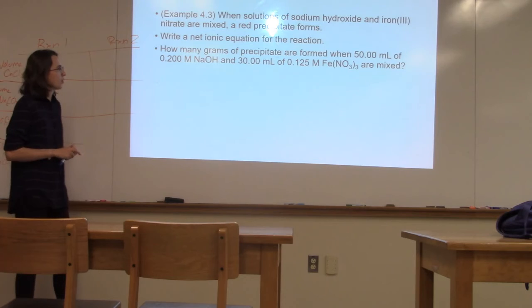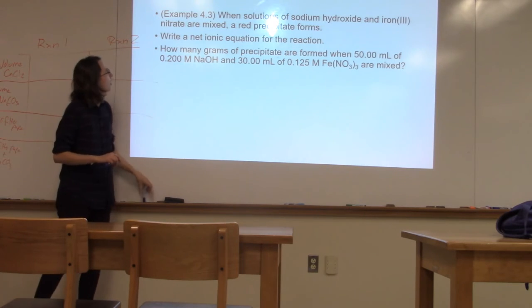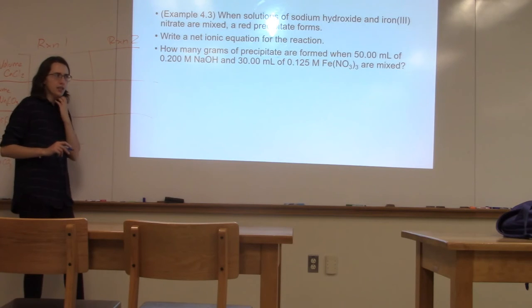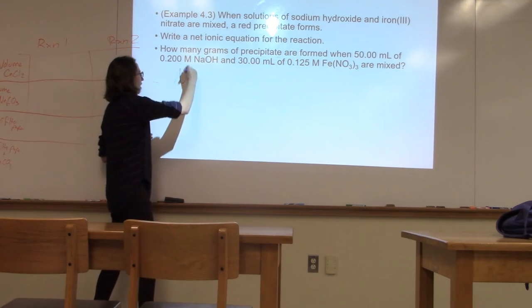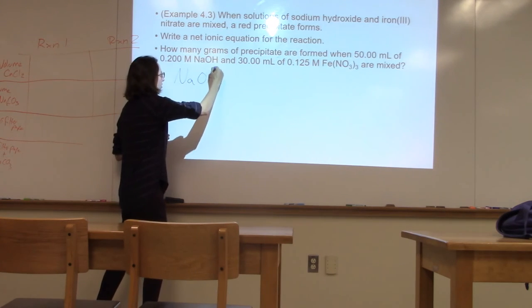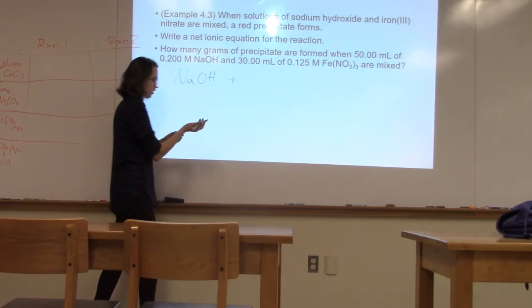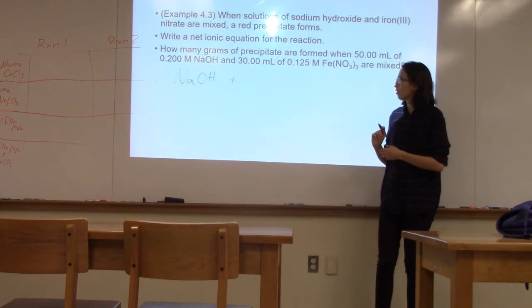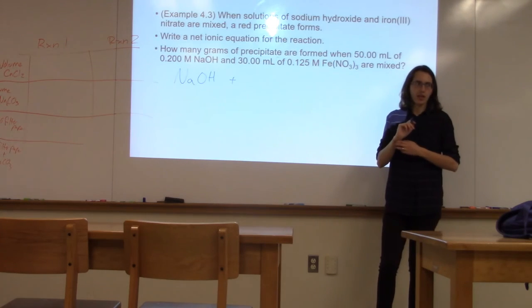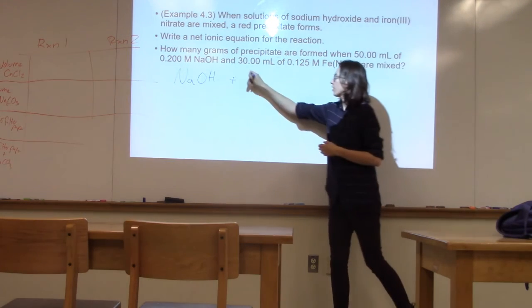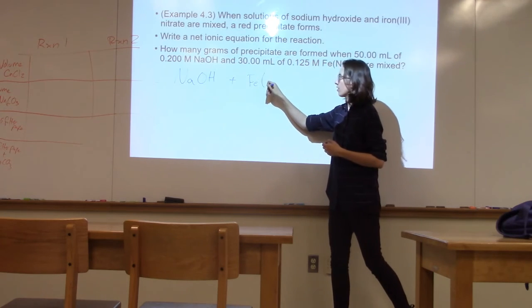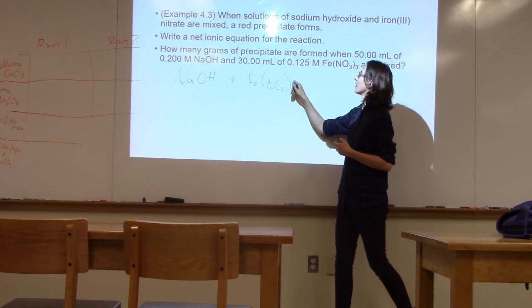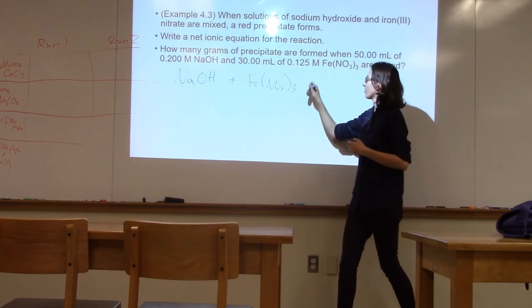Okay, so we can take this step by step. First of all, we've got sodium hydroxide and iron 3 nitrate. Sodium hydroxide, NaOH, plus iron 3 nitrate, Fe(NO3)3.